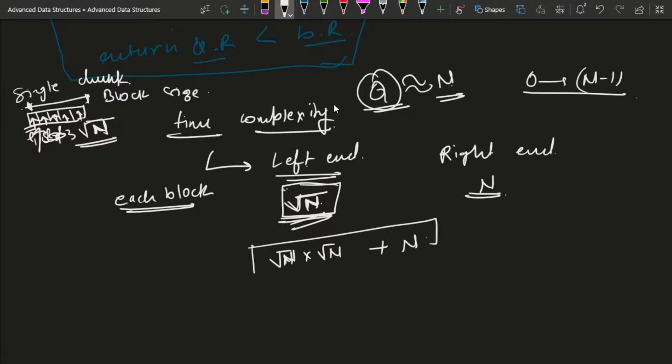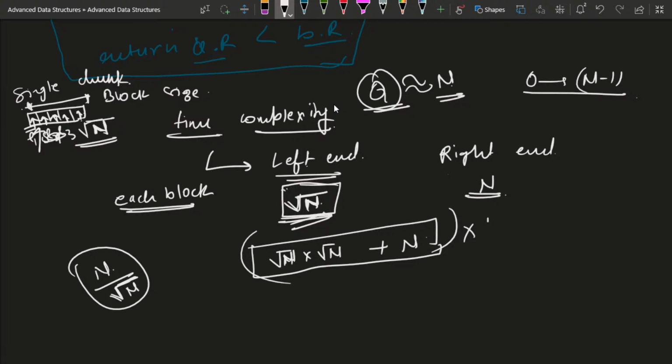Now if you are getting n queries and each block is processing root n queries, what is the total number of queries per block? That would be n into root n. So you multiply by n into root n, and you get n root n plus n root n as your query cost.